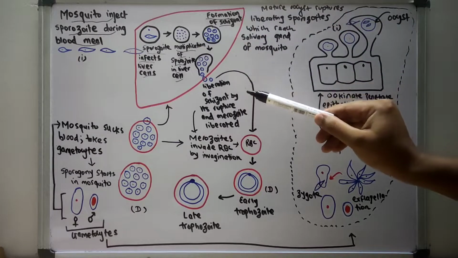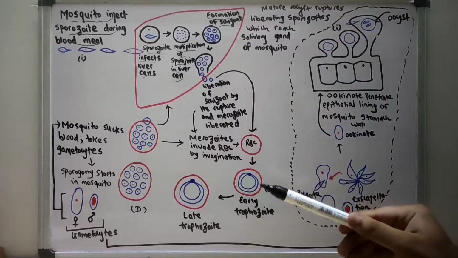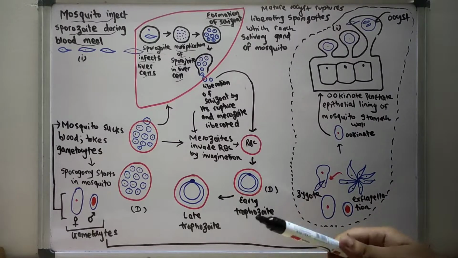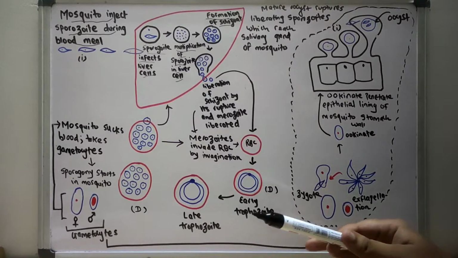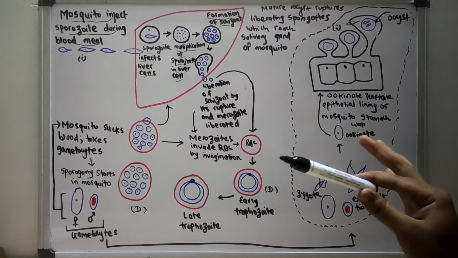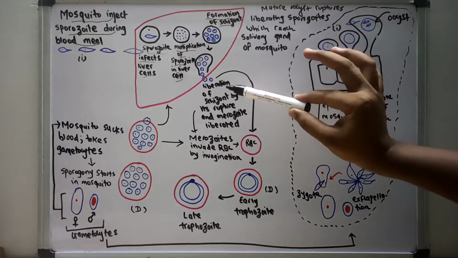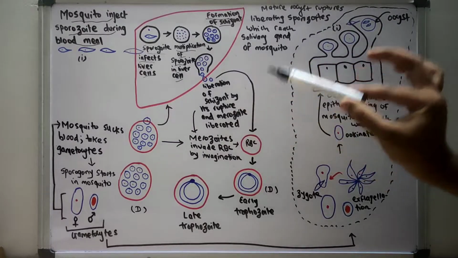liberation of the schizonts by their rupture after the multiplication. The multiplication happens so much that the liver cell cannot contain the schizonts, and there is liberation of the schizonts by their rupture.